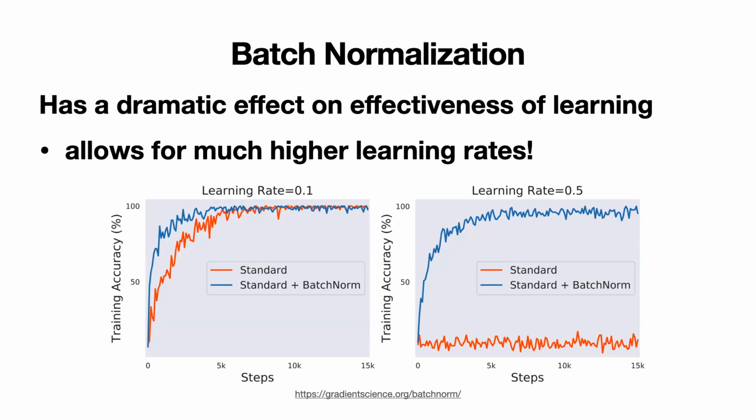Here, learning is just not doing anything because the learning rate is too high, and it swooshes around these internal activations like crazy and nothing happens. But if you do this normalization, you're regularizing what is happening during training, and then you can go to higher learning rates. You can just learn faster and have your machine learning system much quicker. It's really a big difference.